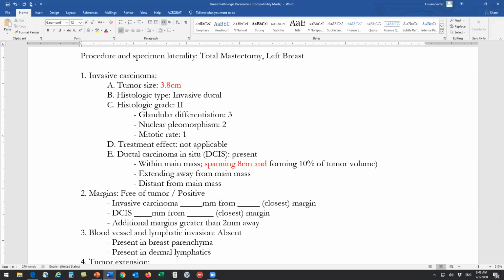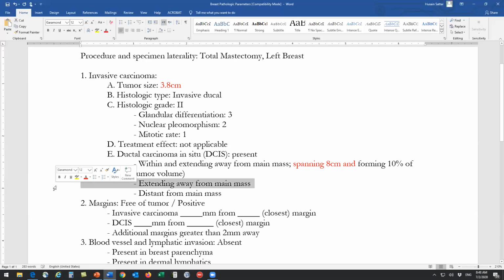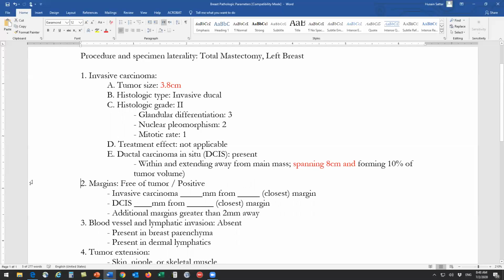And if it's 8 centimeters, it's probably going to be both within and away from the main mass. So I'll say within and extending away from. So that might be how I would finalize my characterization of the DCIS. If I happen to have DCIS distant from the main mass, I'll also say that here. Okay, so then I can delete these subheadings here.